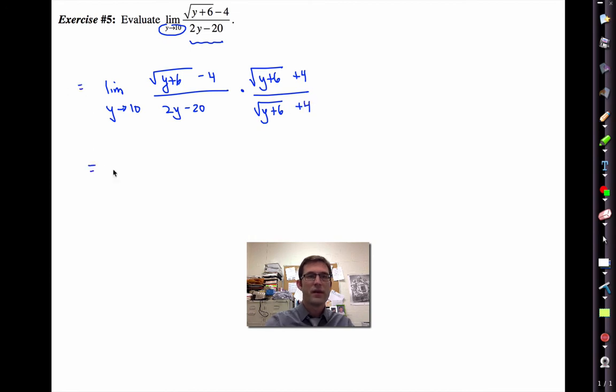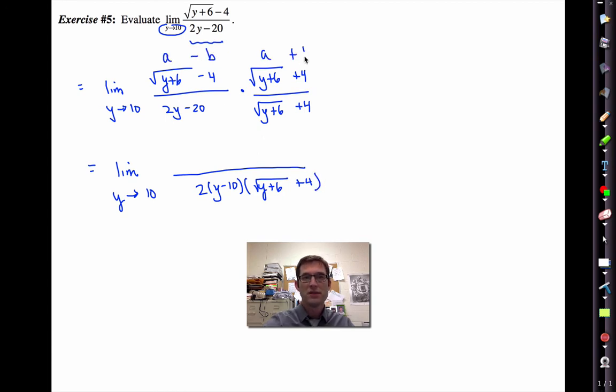All right, this is equal to the limit as y goes to 10. Now again, I know that it's not about 2y minus 20, it's about y minus 10. So I'm going to immediately factor that 2 out. Now I've got this a minus b times a plus b. So a squared will be y plus 6, b squared will be 16.